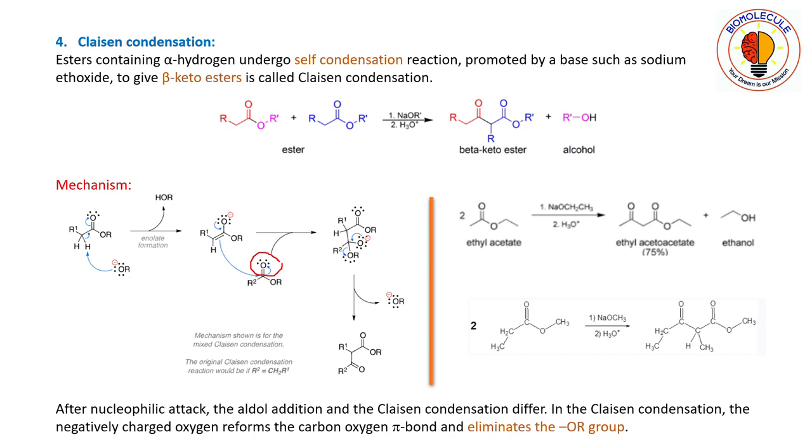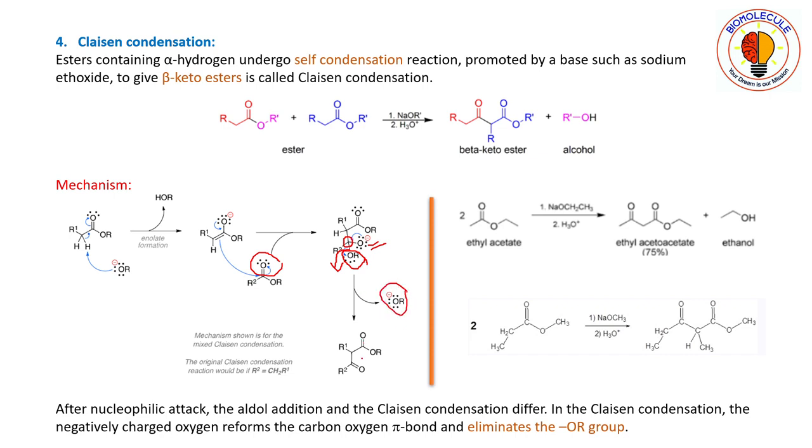It will push back its negative charge to make a carbon oxygen double bond, and now this carbon will be pentavalent, so it has to leave this alkoxy group to become tetravalent. So after pushing back this negative charge by the oxygen, this carbon will kick out this alkoxy group to again become tetravalent, to maintain its valency.